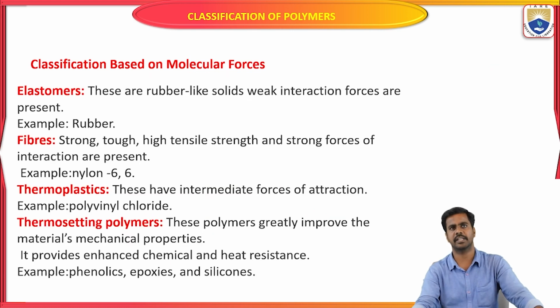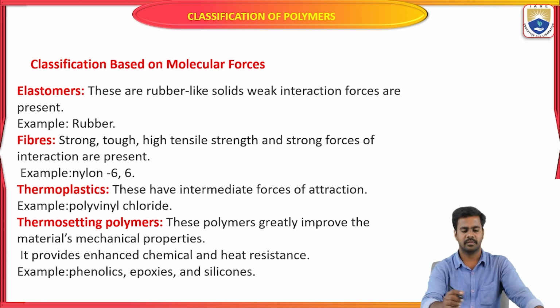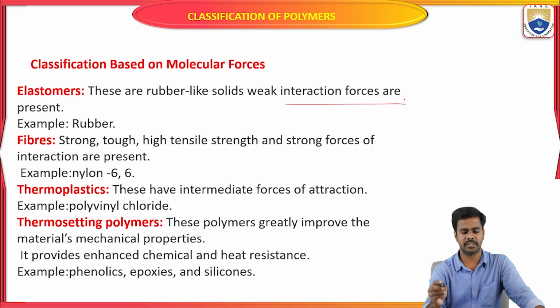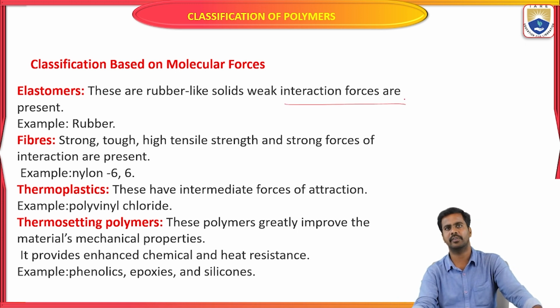Next type of classification is based on molecular forces. On the basis of molecular forces involved in between the monomeric units, polymers are classified into the following types. That is elastomers. These are rubber-like solids, with weak interaction forces between the monomeric units.